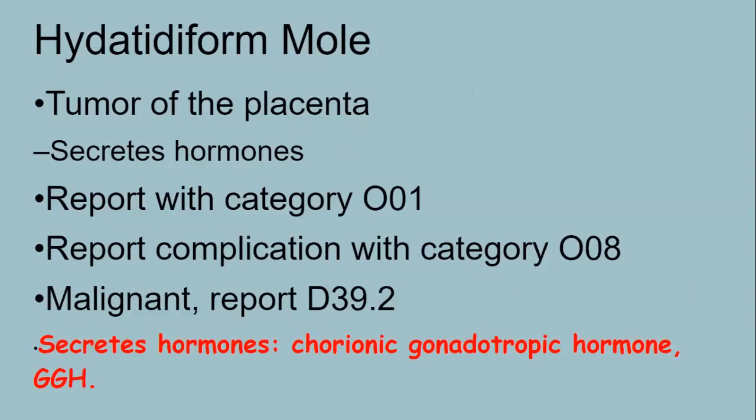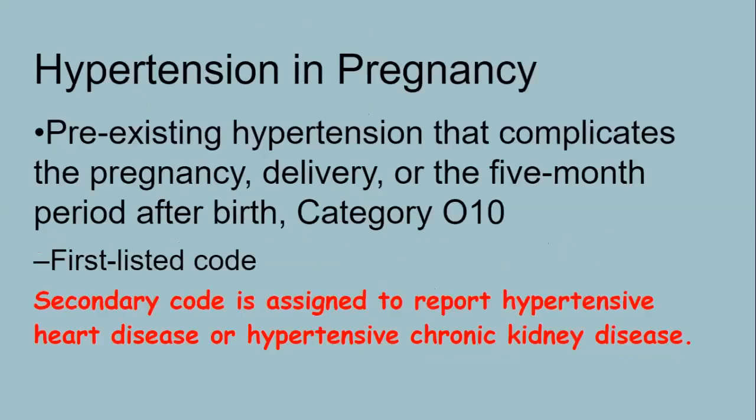Hydatidiform mole, a tumor of the placenta, and it secretes hormones. You're going to report with category O01, report complication with category O08, malignant report D39.2. It secretes chorionic gonadotropic hormone, CGH. That's a mouthful, huh, guys?